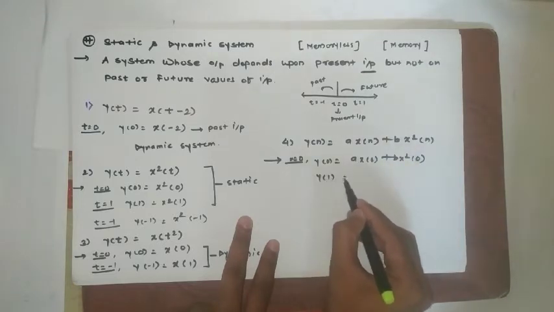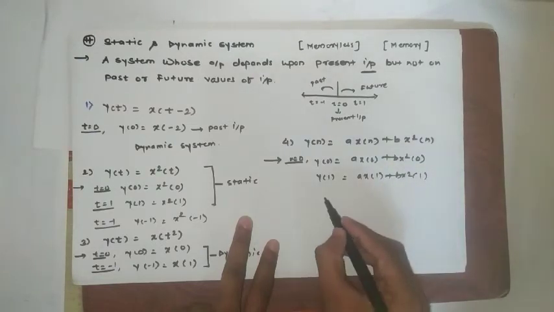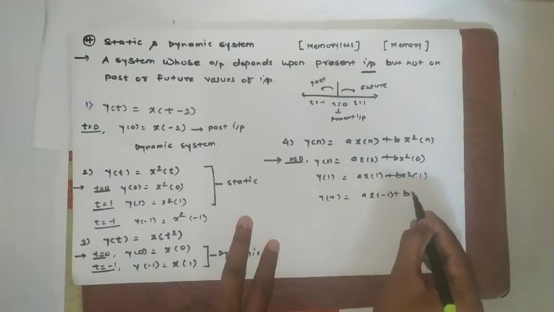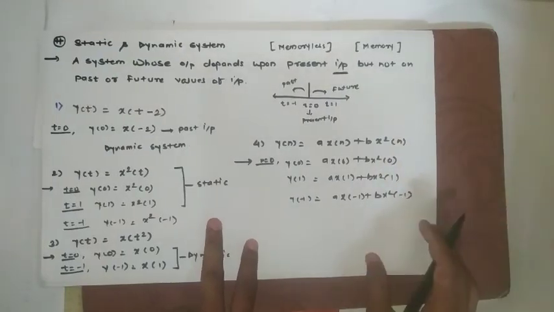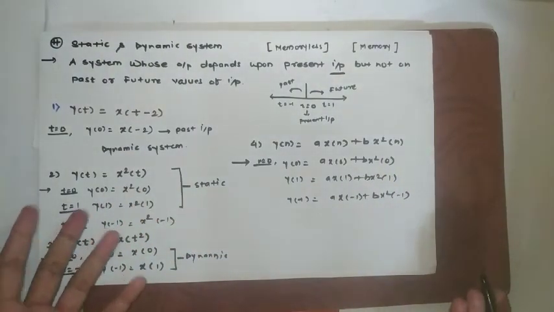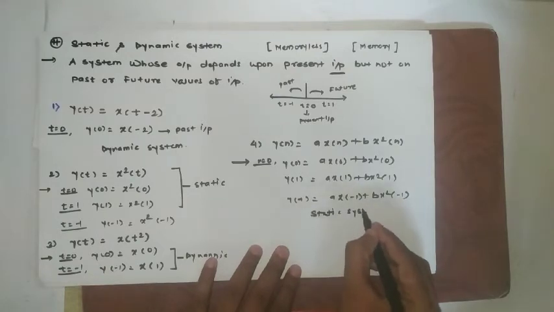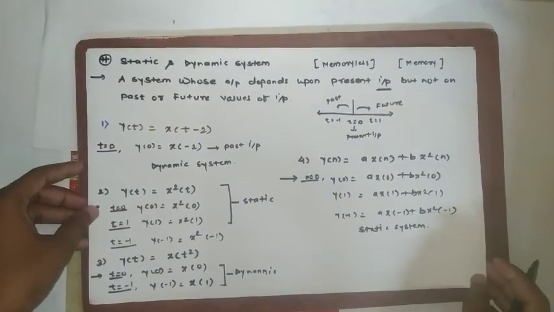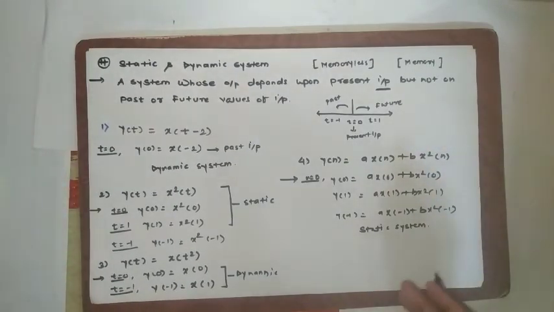Similarly, for -1, we get y(-1) = a x(-1) + b x²(-1). So this condition depends entirely upon the present input. So this system is going to be a static system. Okay. Now this is static and dynamic systems. Similarly, we can come across causal, anti-causal and remaining systems also.